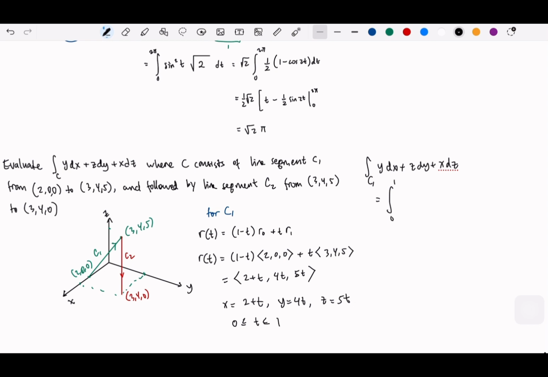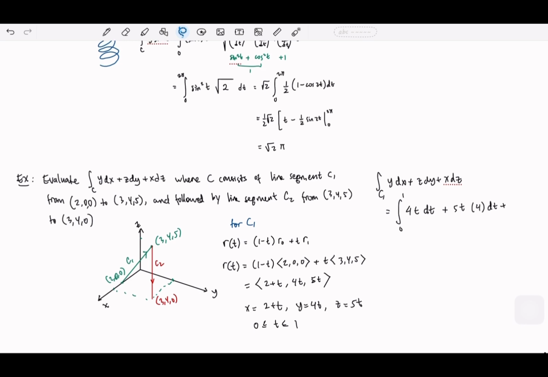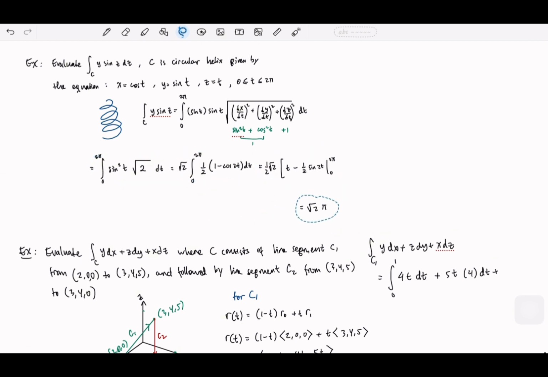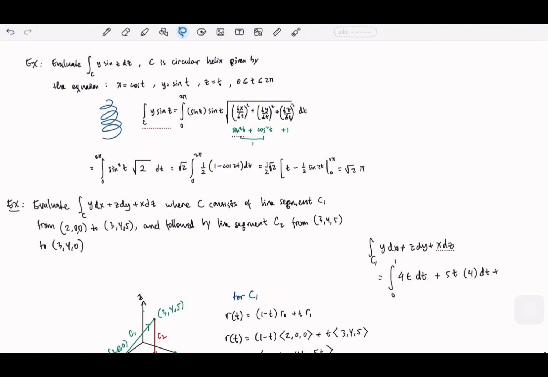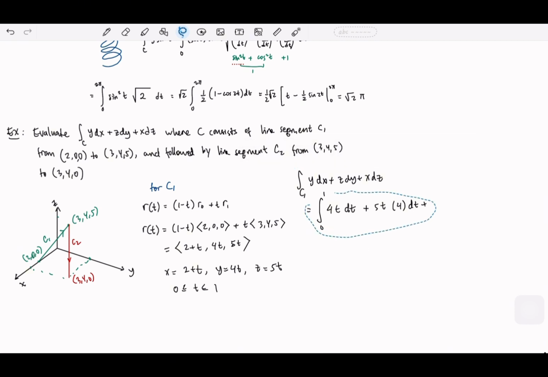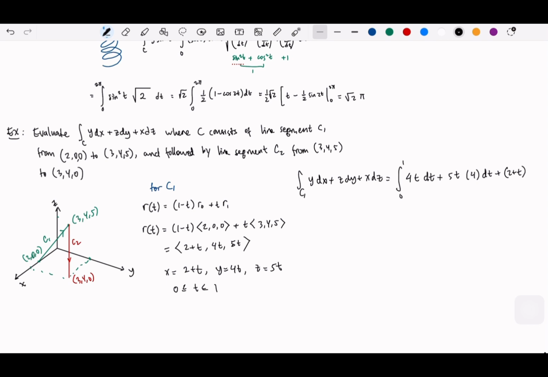So this is 0 to 1. y is 4t. dx is just 1, so dt. z is 5t. dy is 4, so 4 dt. x is 2 plus t. dz is 5.